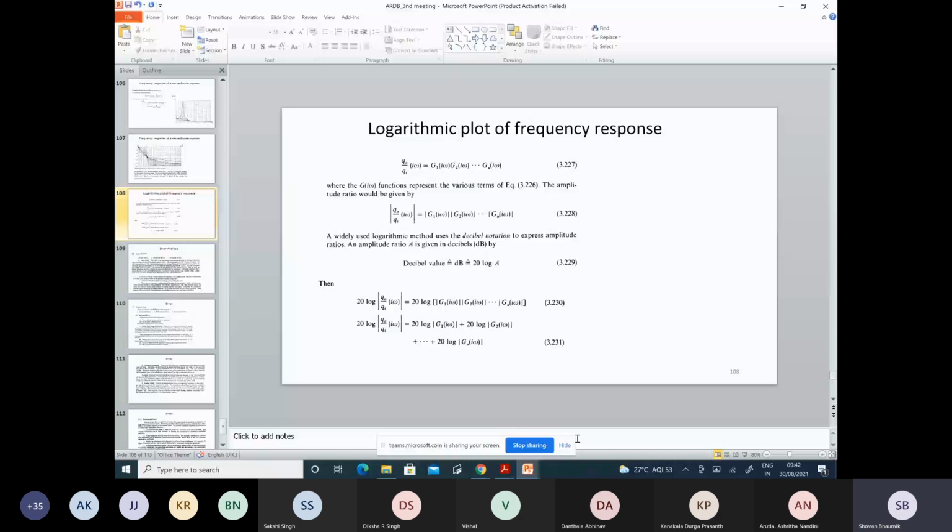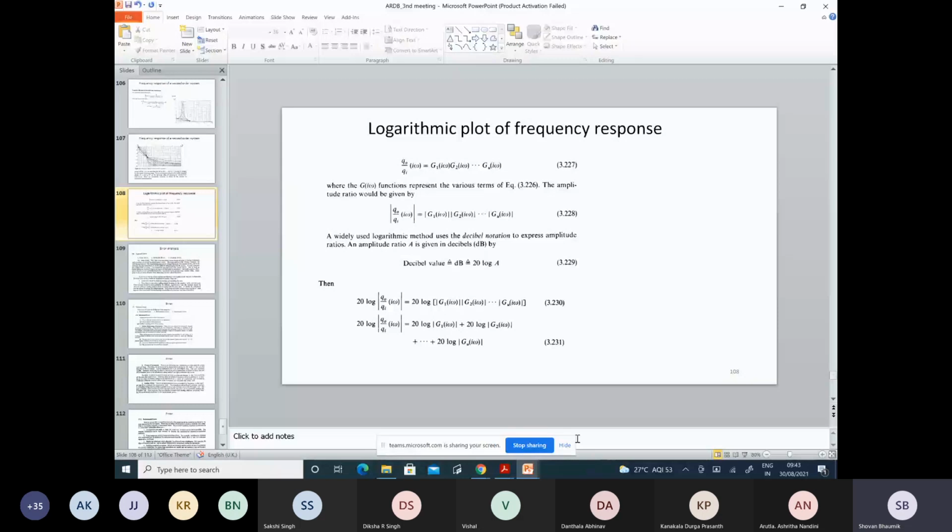So ultimately, from the experiment, what do you get? You get frequency versus gain, and frequency versus phase. Now take the plot of frequency versus gain and look at the slope of the plot. Suppose at some point you see that the curve suddenly starts falling at minus 20 dB per decade.